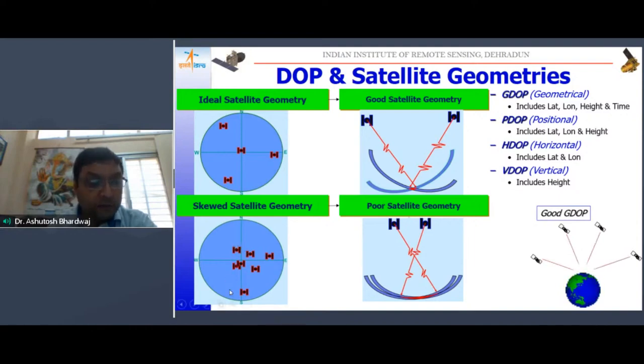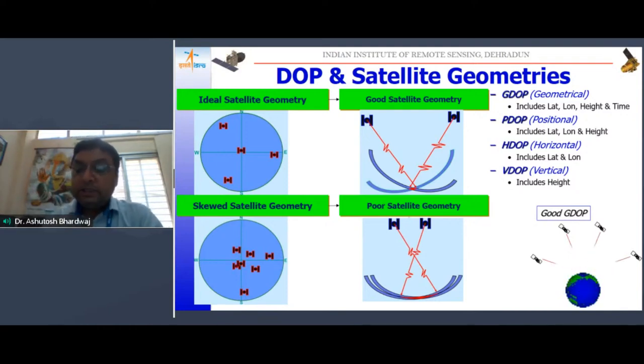Now, even if we have a larger number of satellites, but they are skewed like this, then what happens when we intersect various spheres, it provides larger uncertainty. Larger uncertainty means less accuracy. So in a nutshell, if you consider these fingertips as satellites and the bottom of my palm as the receiver, the thumb rule is: the higher the volume, the more the accuracy. The lower the volume, the lower the accuracy.